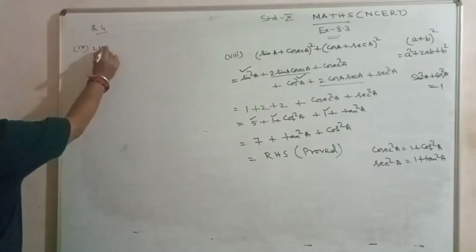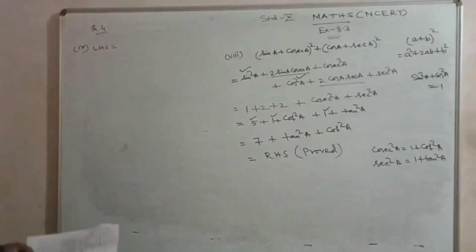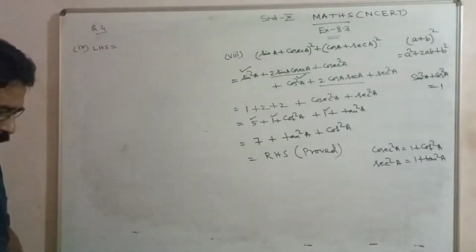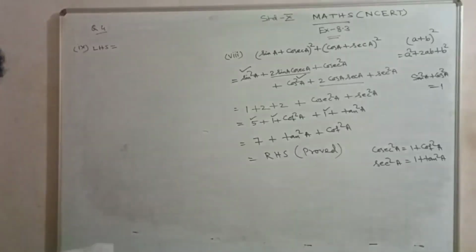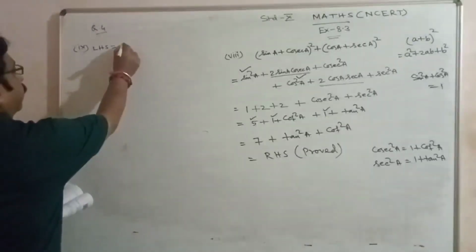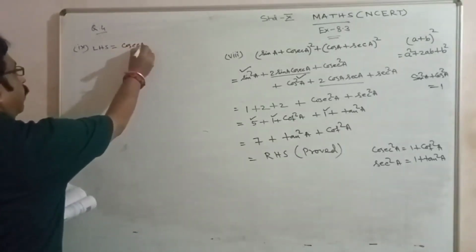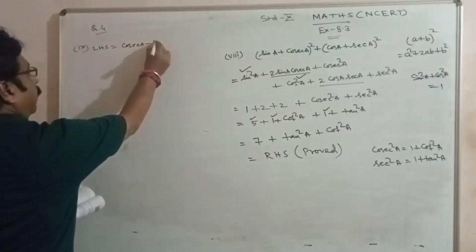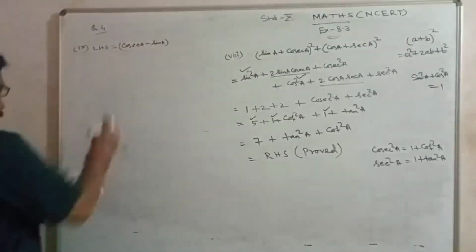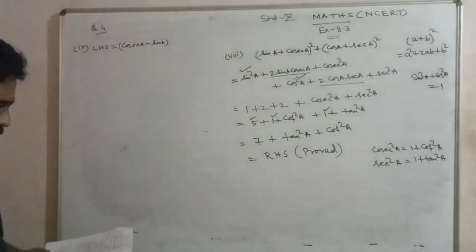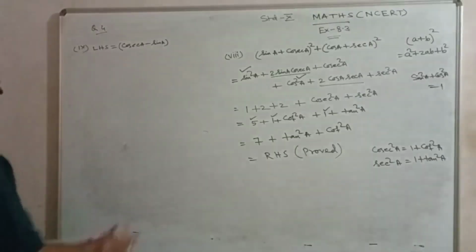Left hand side. Cosec A minus sin A, multiplied by sec A minus cos A.